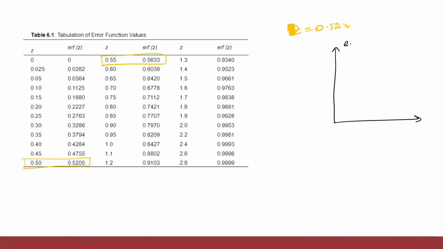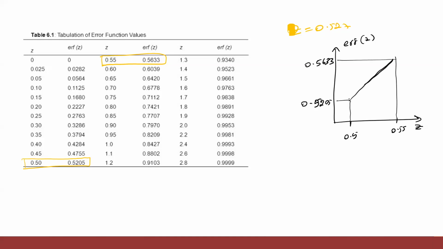So your error function, how it is changing. When Z is 0.5, your error function is 0.5205. When this is 0.55, your error function is 0.5633.